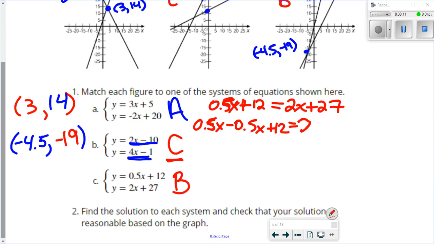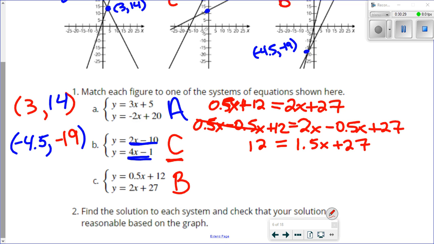So whatever I do to the left, I have to do to the right. So minus my 0.5x plus 27. All right, so on the left we get our 0 pair, left with 12. On the right, 2x minus 0.5x gives us 1.5x plus 27.